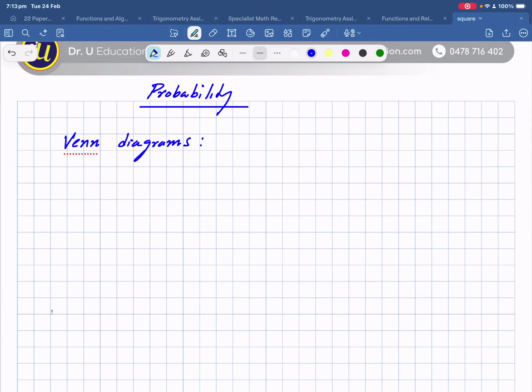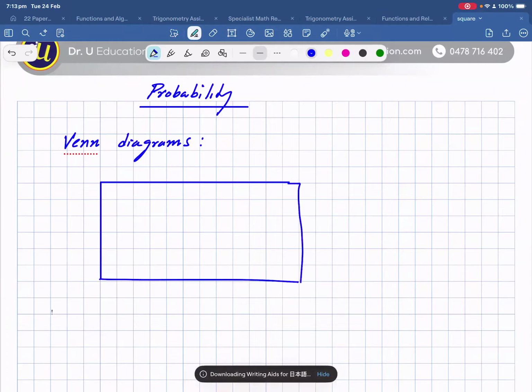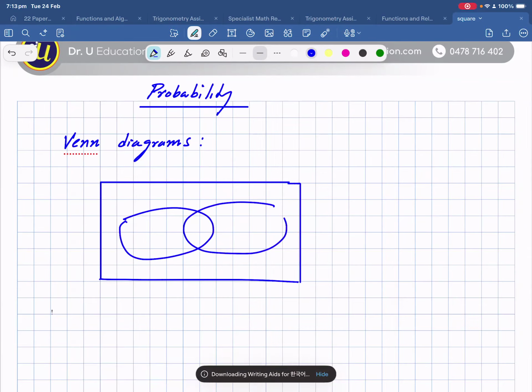Right. So let's think about a Venn diagram. So you have set A, set B. The outer set is called the universal set.